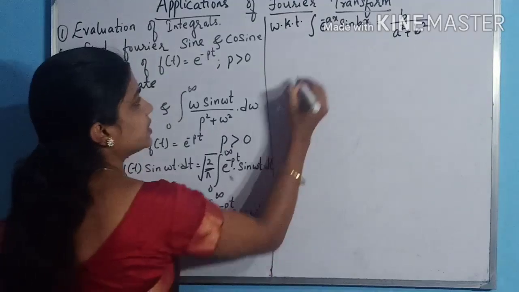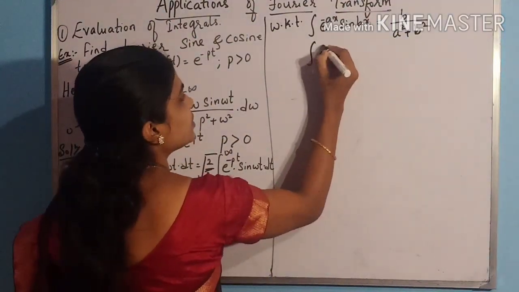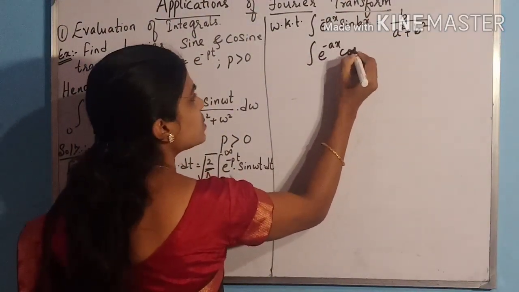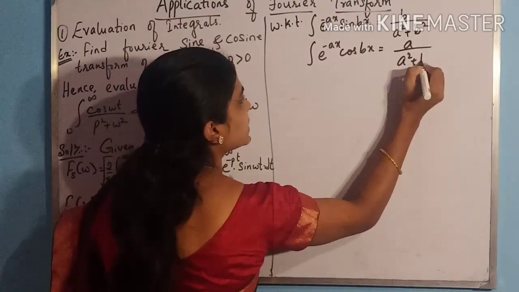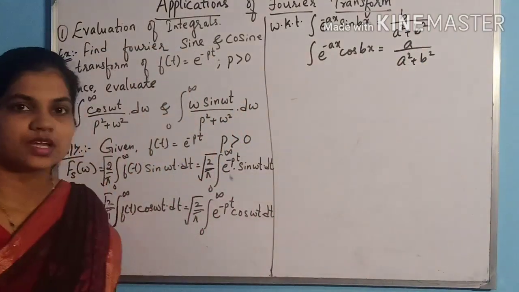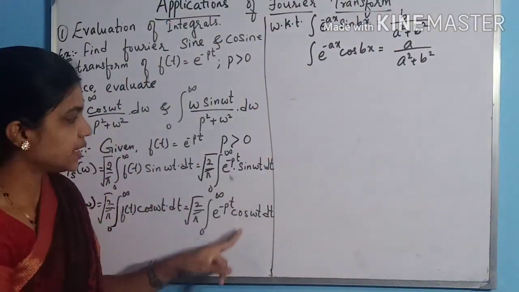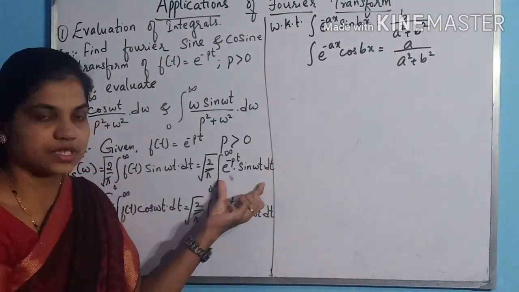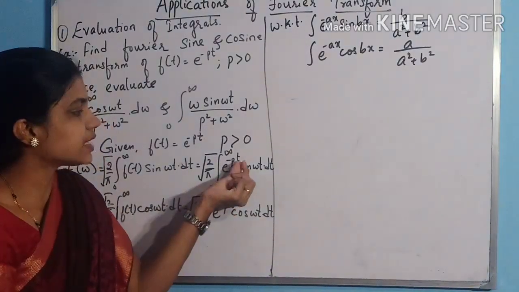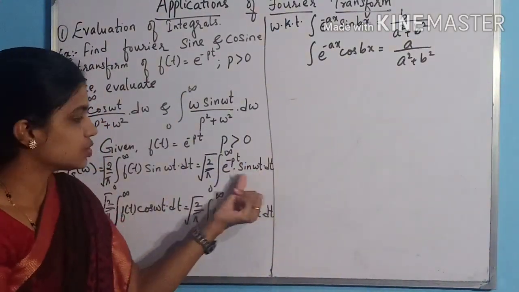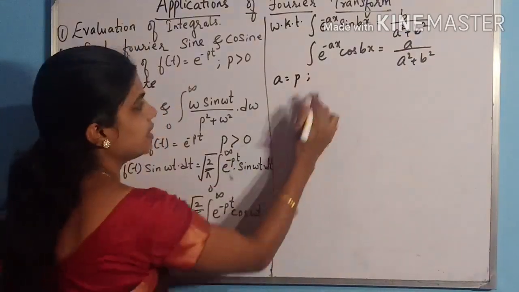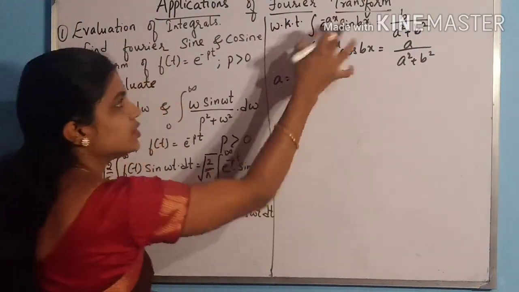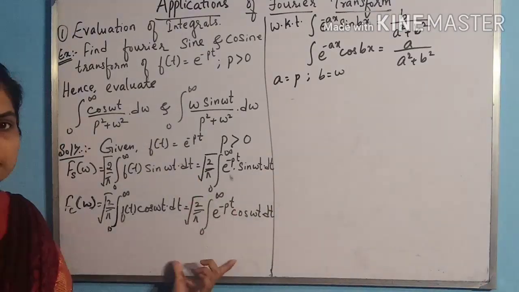And we also know that the integration of e^(-ax) cos(bx) is equal to a upon a² plus b². If you see both the expressions, we have the same thing here, e^(-ax). What is a? Here a is p and b is omega. So I am going to just substitute that in these expressions.